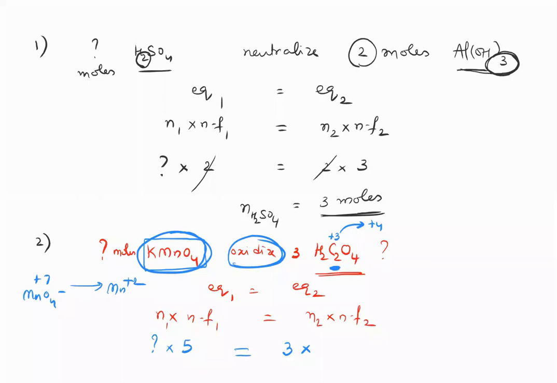From +3, the only choice for carbon is to go to +4. There's no other higher oxidation state which is allowable. So +3 to +4 is the only choice. So the change is 1, and there are 2 carbons, so the N factor is 2.